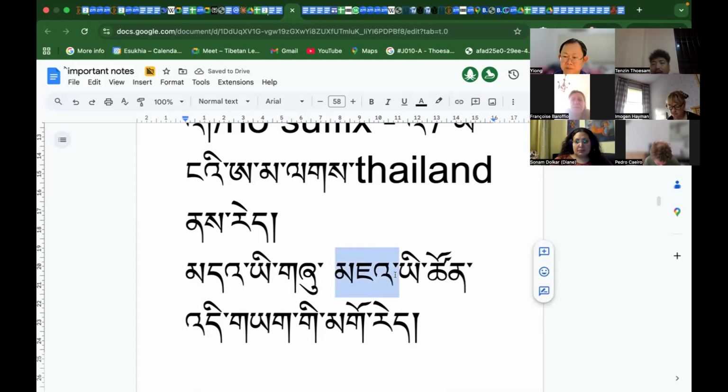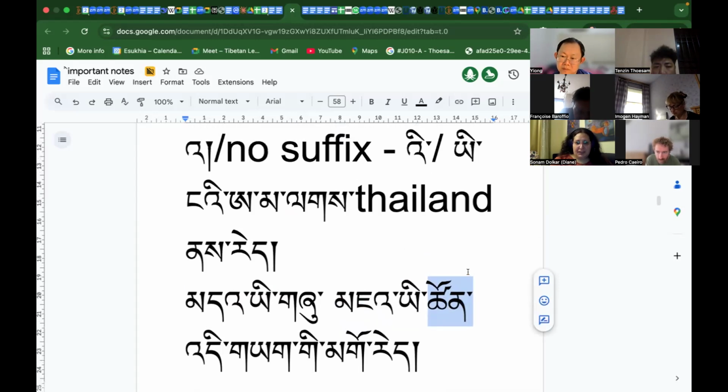Jai chen as a color. Rainbow's color, color of rainbow. Something like this. Okay? But when we have a suffix, it's better to use yin, ya, kiku, we. That's it. Okay, thank you.